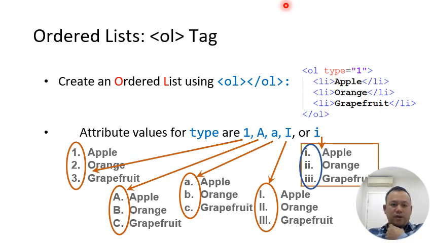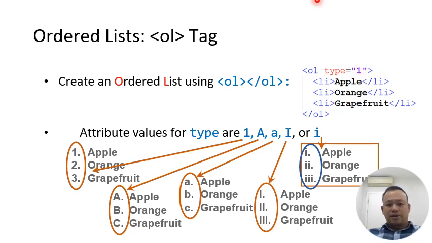And some important notes: OL tags are paired with LI. LI just means list item. The list item tag defines each item within the list. So the ordered list automatically numbers the items in the order they are written in HTML, starting from 1 by default if the type is set to 1.